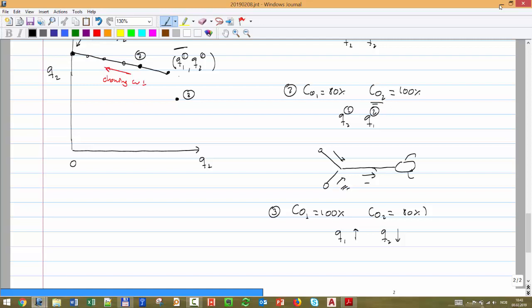Then if you continue that process, you're going to get something like that, where I have a point here, choking well 2, and at this point well 2 is fully closed, and maximum Q1.